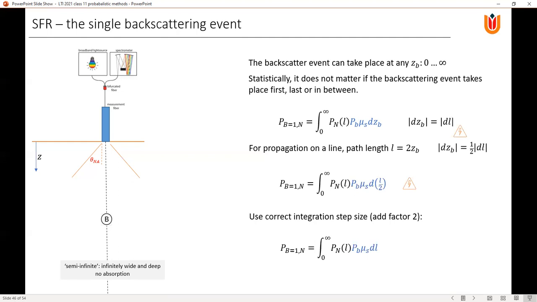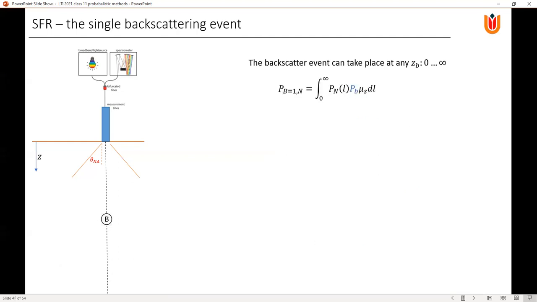The proper form of the integral is to use DL. So this integral is then something we can perform. PB is just a constant that can be taken out of the integral. US is also just a constant. It can also be taken out of the integral. And the only thing that we are left with is then to perform this integration.